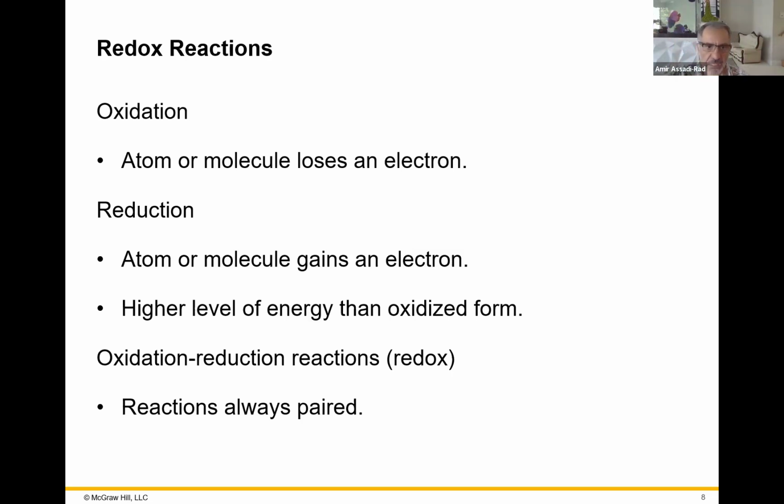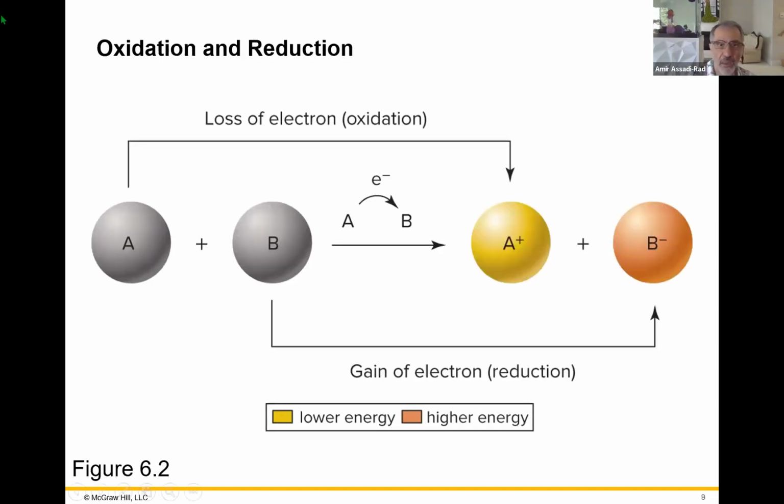Okay? Anyhow, oxidation and reduction together are called redox, which is a reaction that is always paired. So here is sodium. You remember that from the beginning of the semester? This is chlorine. Sodium loses an electron to chlorine. So sodium becomes positively charged, becomes a cation, and chlorine becomes an anion.